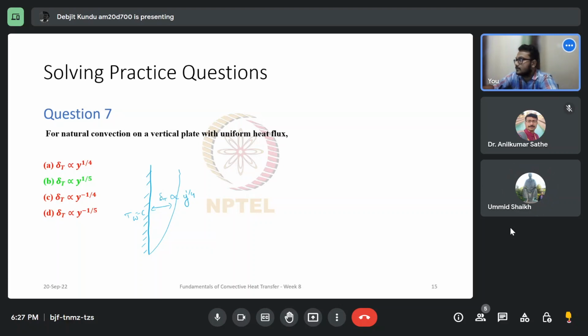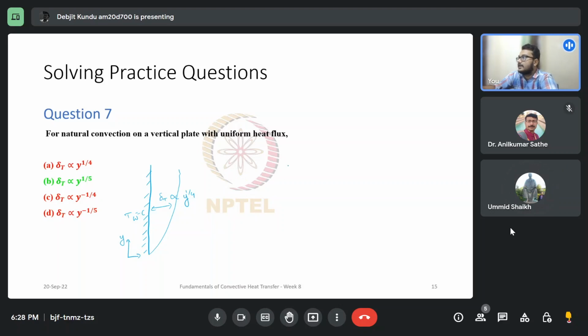So it won't be any of the negative numbers, because with y in this direction, the delta T would increase because there is a finite thermal diffusivity. So the power of y has to be positive, since with increasing y, the delta T will also increase.